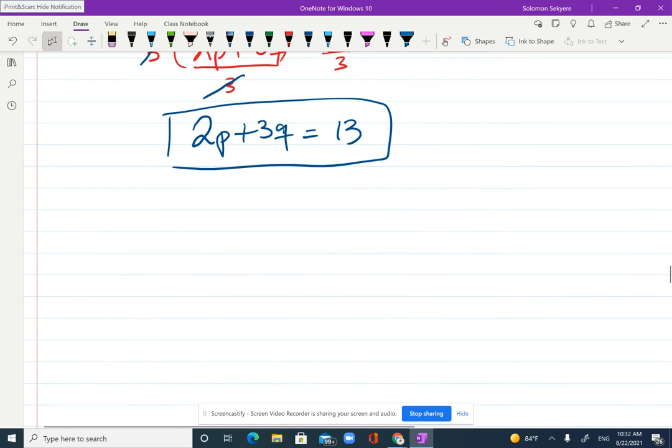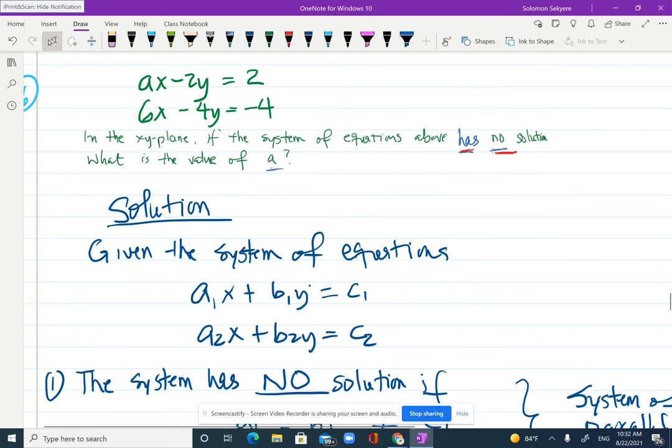Now I have these two. You have a system of equations. Normally, the coefficient of x and the coefficient of y are known, and the two constants, let's say 8 and 9.